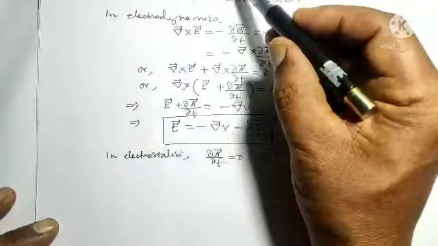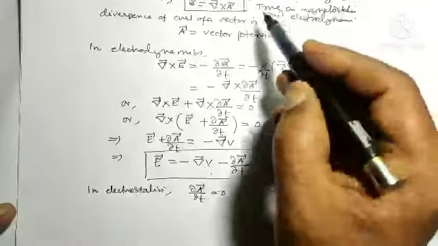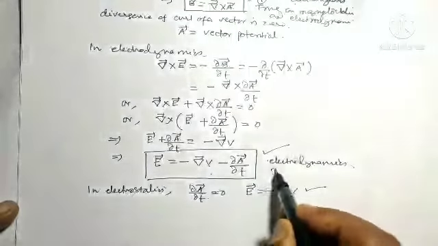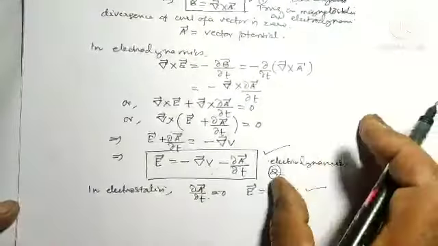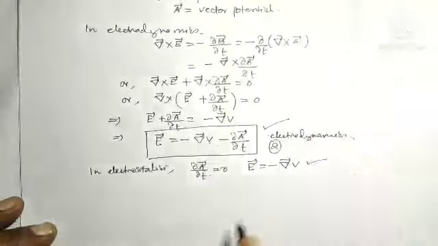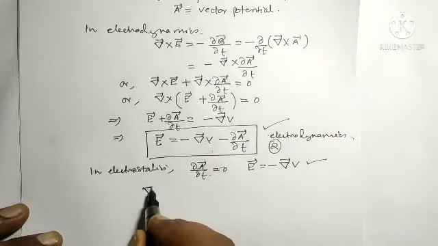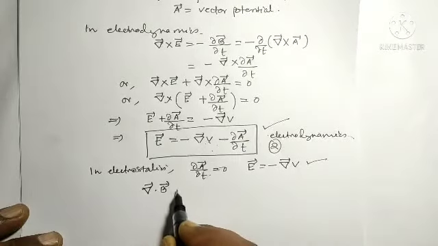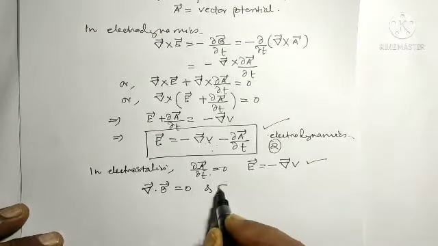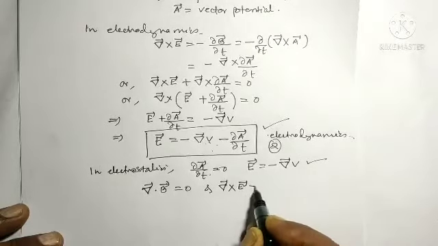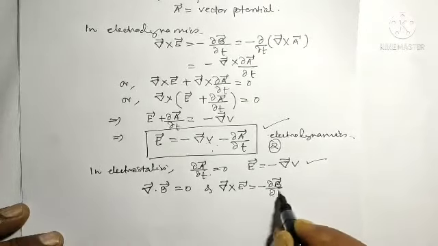So this expression B equal to del cross A, suppose this is equation 1, and the expression for E can be written as equation 2. Equation 1 and equation 2 fulfill the two homogeneous Maxwell equations. One is div B equal to 0 and the other is curl E equal to minus del B by del t.